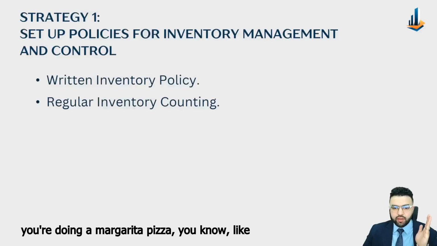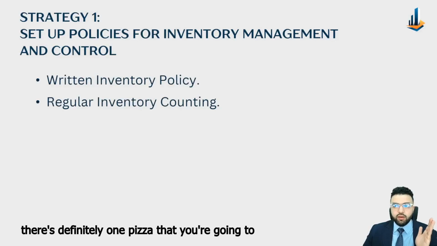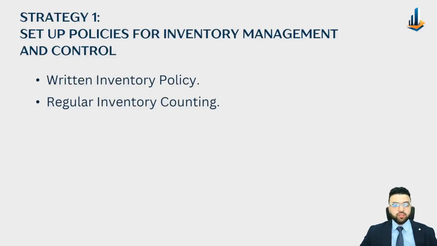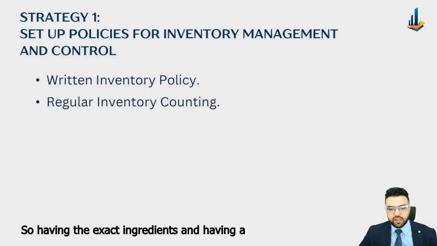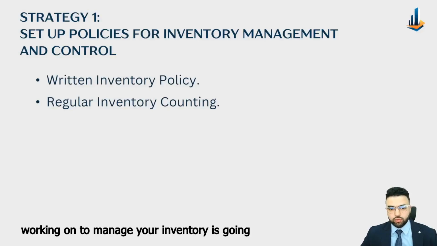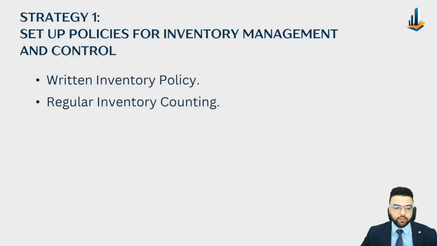If you're making a margarita pizza, there's definitely one pizza that you'll make with the same ingredients, and the other pizza you're going to waste a little bit more. So having the exact ingredients and a precise log to manage your inventory is going to help a lot.